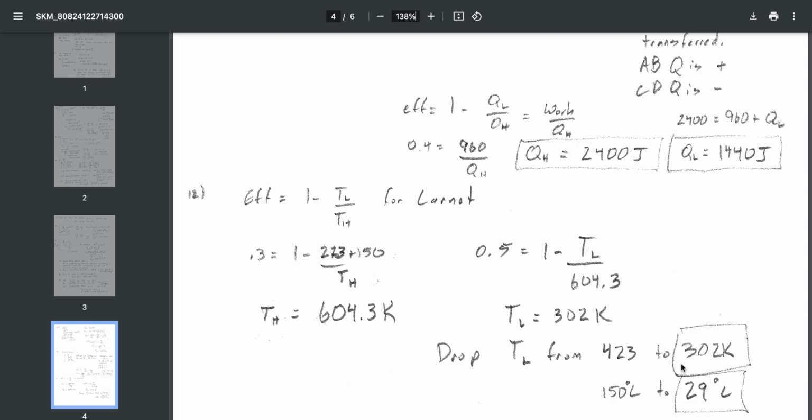And so when you find that out, you've got to go from 450 to 302. You've got to drop your cold temperature by about 30 degrees. Oh, no, 150 degrees. Sorry, I can't subtract. 120 degrees.